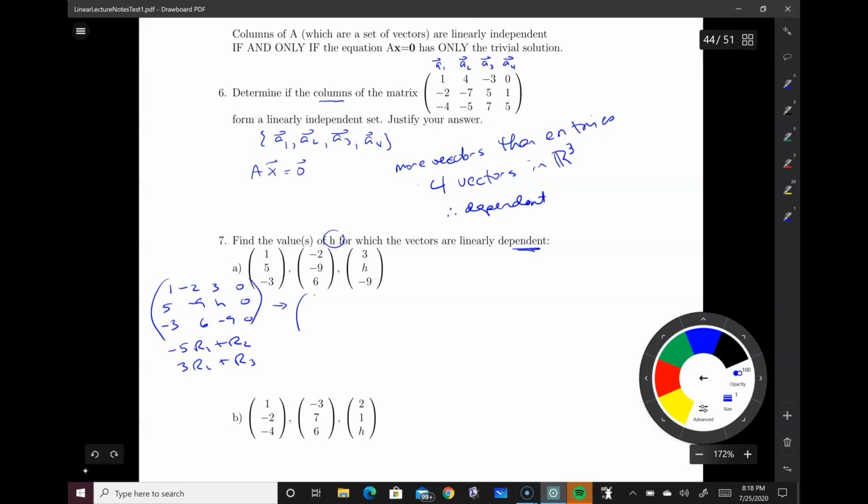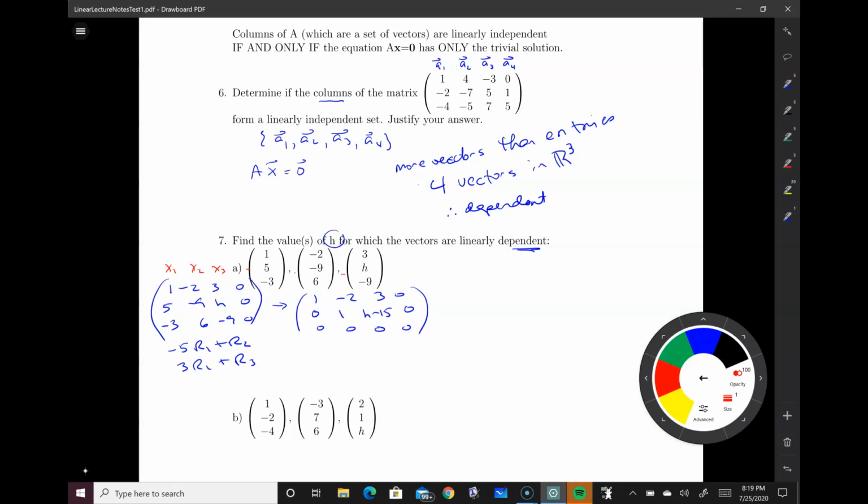So if I do that, keeping row 1 the same, I get a row of zeros down here. Okay, so let's look and see what this means. Remember, let's have context here. This is x1, x2, x3, because I'd have 3 variables in front of each of my 3 vectors.